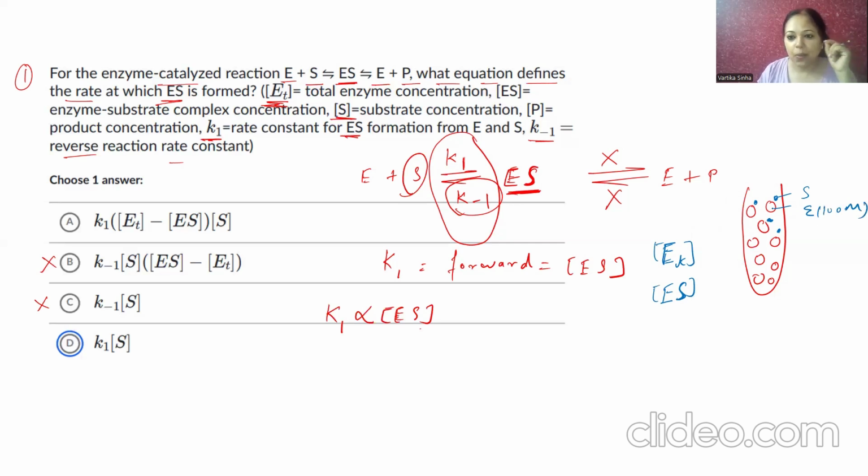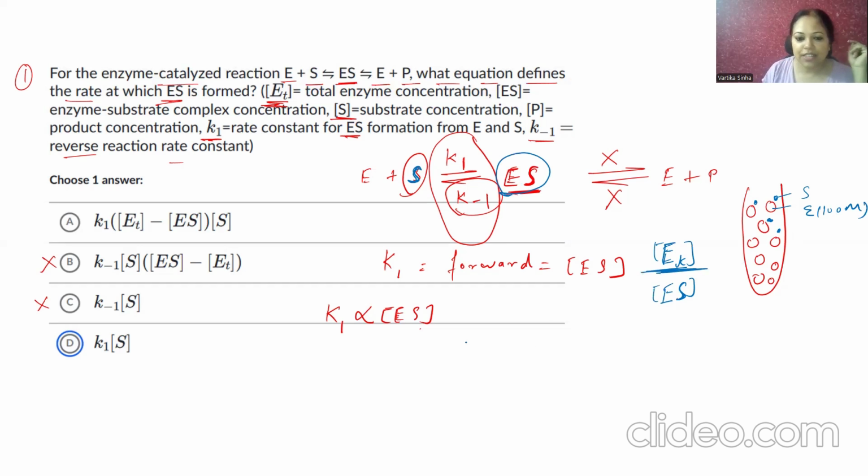But when this reaction happens, it is not necessary that the total enzyme gets occupied with substrate. So the concentration of ES, the enzyme that combines with S to form the ES complex, will be less than the total concentration of the enzyme.